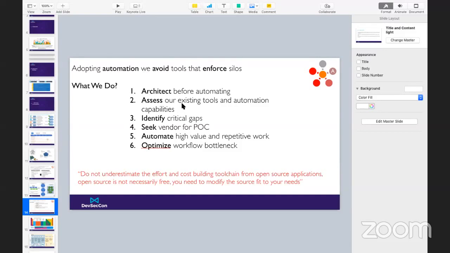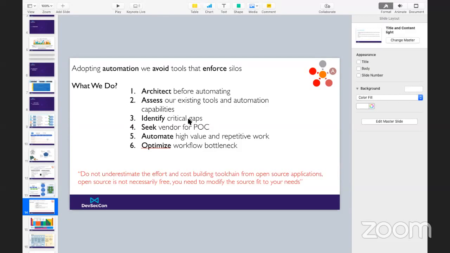Third, we need to identify critical gaps in our existing tools and our DevSecOps architecture. Four, we seek a vendor for POC, and we automate only the high-value and repetitive work. We also need to optimize workflow bottlenecks.